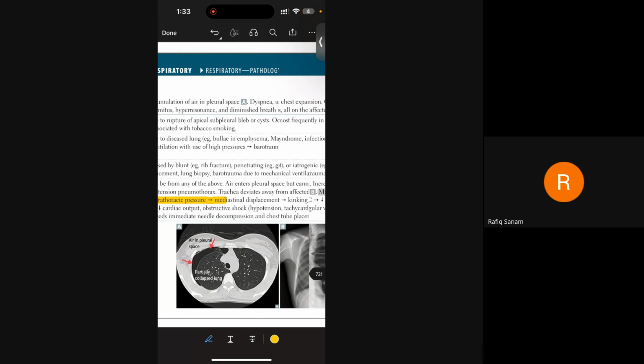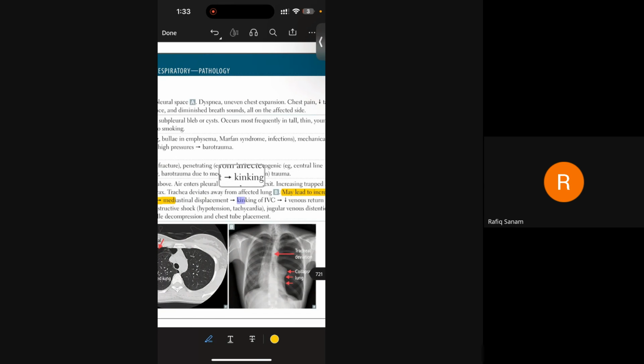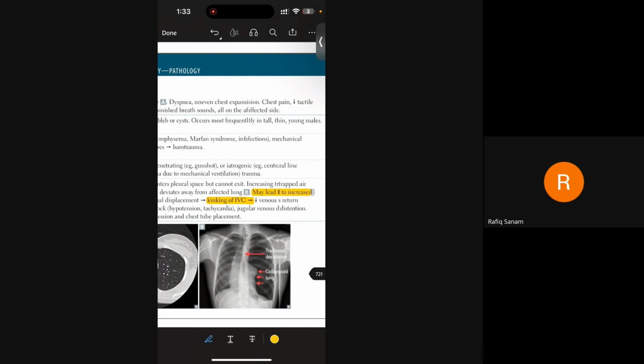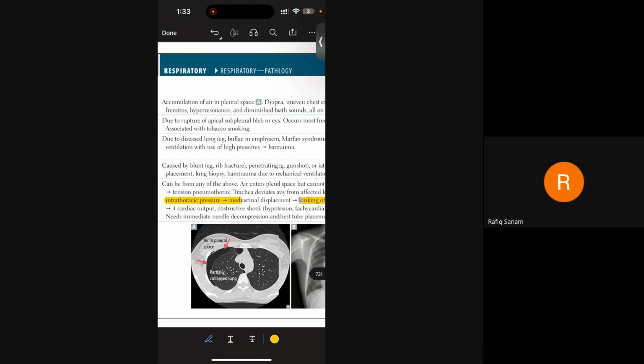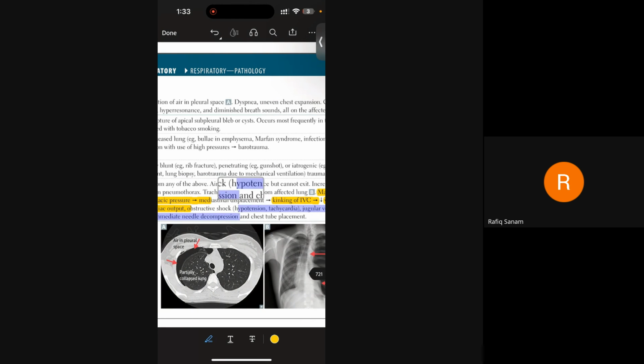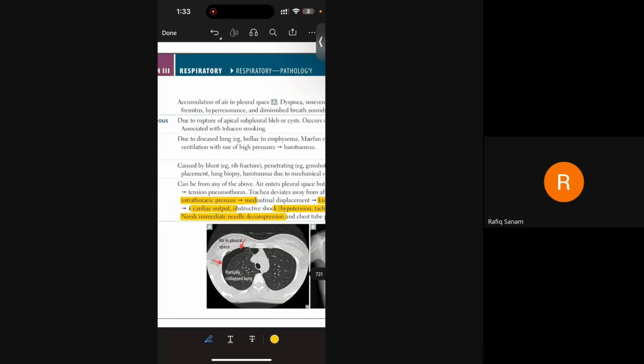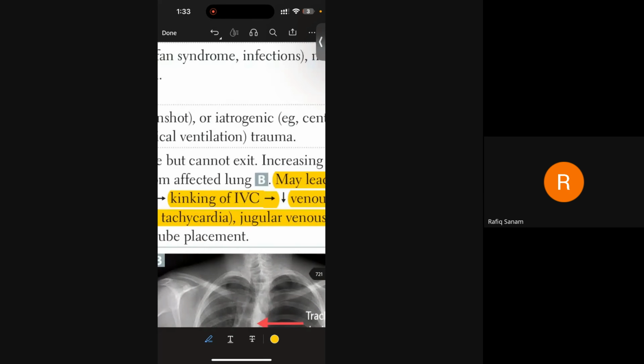It may lead to increased intrathoracic pressure, mediastinal deviation, and kinking of the inferior vena cava, due to which the venous return is going to decrease, cardiac output is going to decrease, causing hypotension, tachycardia, and jugular venous distension. The main reason is kinking of the inferior vena cava.